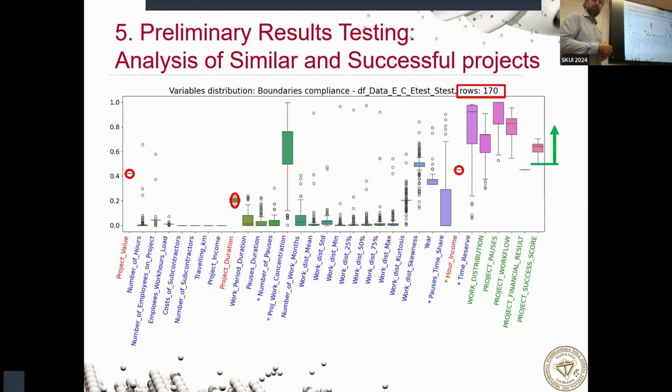The next idea would be to obtain similar and successful projects. So we reduce the number of finished projects in the database and observe what is going on in this database. In this case, with some boundaries related to project similarity, we obtained 170 projects which are similar and also successful. So here you can see the success score needs to be higher than some value.